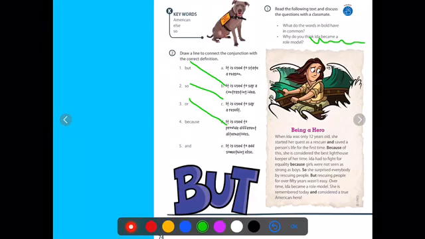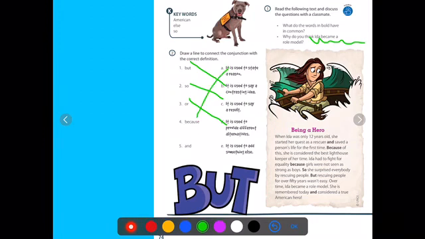Then on activity number 4 says because. It is used to state a reason. Because. Okay, so I shower my dog because my dog was very dirty. So to give a reason, I'm going to use because.